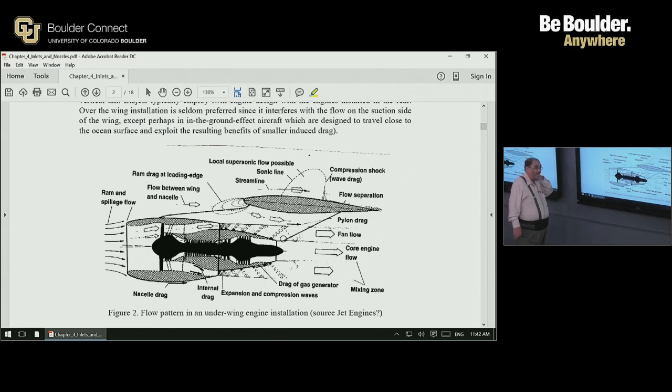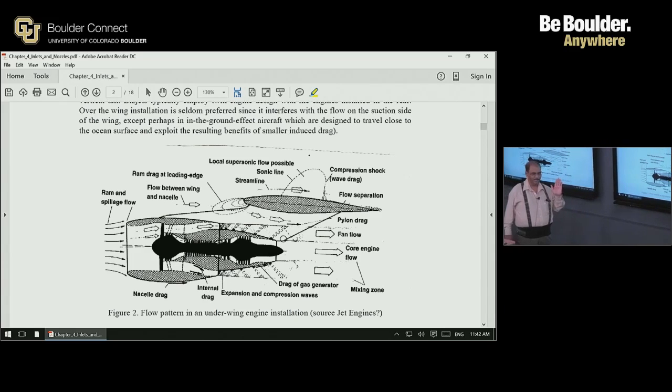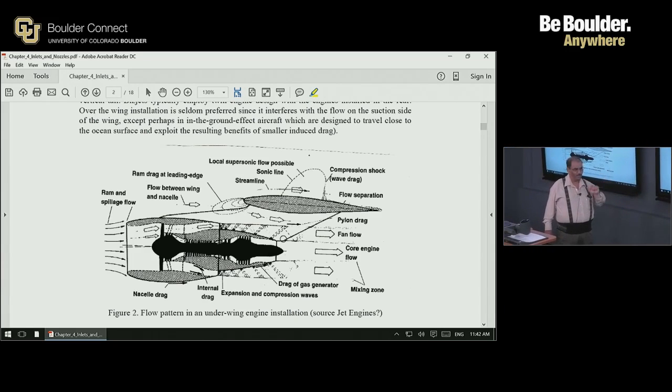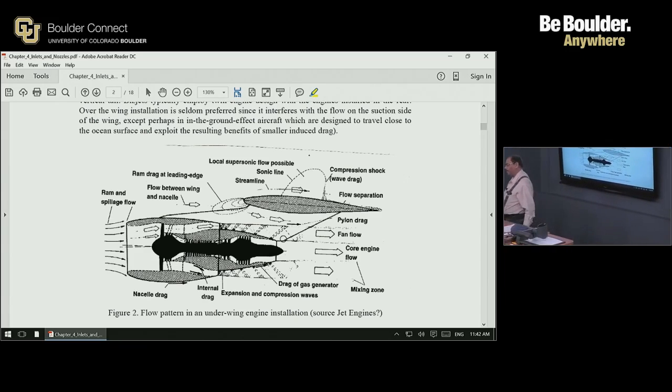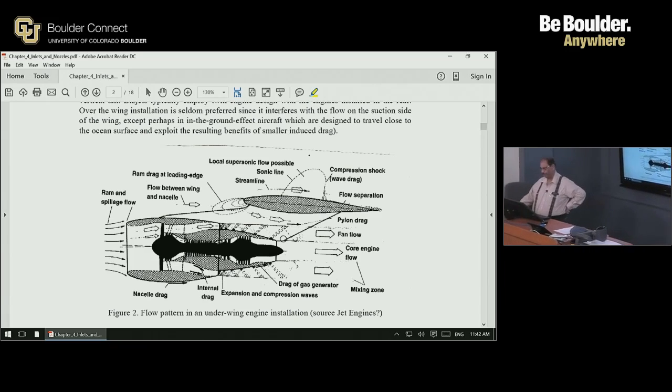Over the wing, of course, is usually a small supersonic flow region terminated by a weak shock wave. Next time you travel, if you have a seat over the wing, just look over. Under certain conditions, you could see the weak shock wave on the wing.